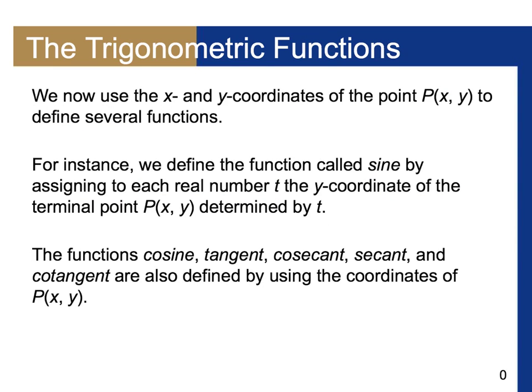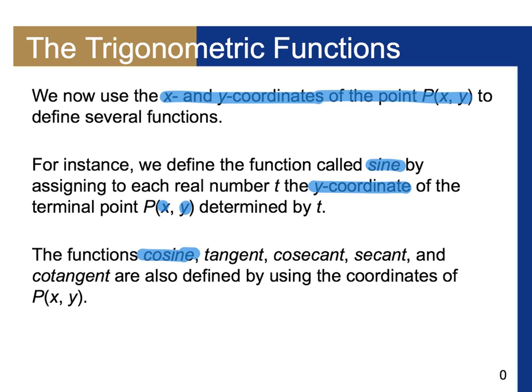Okay, now we're going to define the trig functions using those x and y coordinates. So the x and y coordinates of the point P(x, y) will define our trig functions. The y-coordinate is called the sine, and the x-coordinate is going to be called the cosine. So the cosine is the x, and the sine is the y.